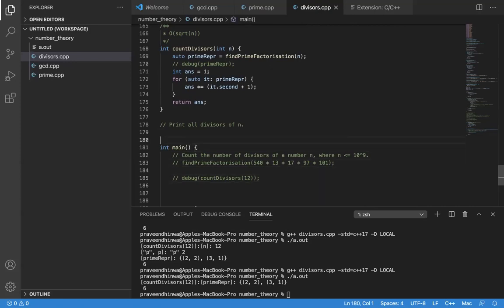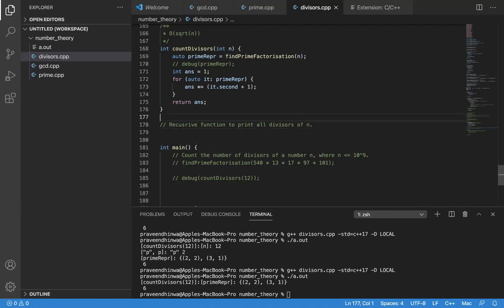A recursive function to print all divisors of n. Will you be able to do this? Or should I implement it quickly? Do you at least get the idea of how to do it?